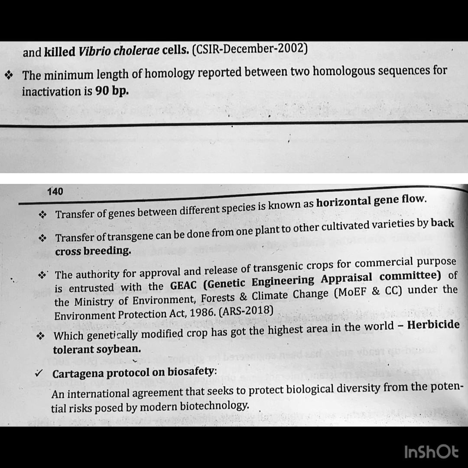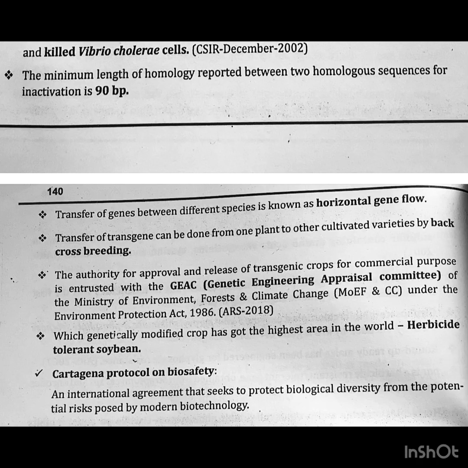Transfer of transgenes from one plant to other cultivated varieties can be done by backcross breeding. The authority for approval and release of transgenic crops for commercial purpose is the GEAC, Genetic Engineering Appraisal Committee of the Ministry of Environment, Forest and Climate Change under the Environment Protection Act 1986.